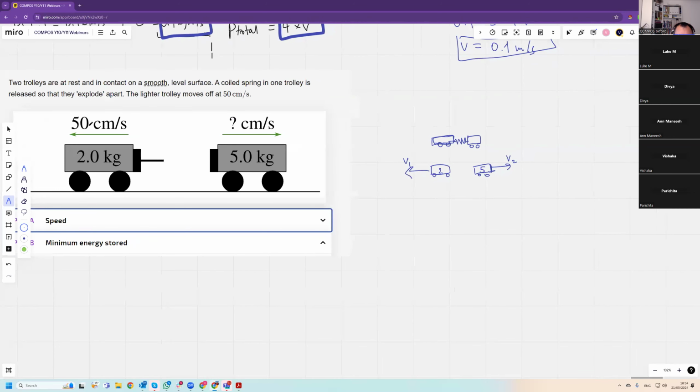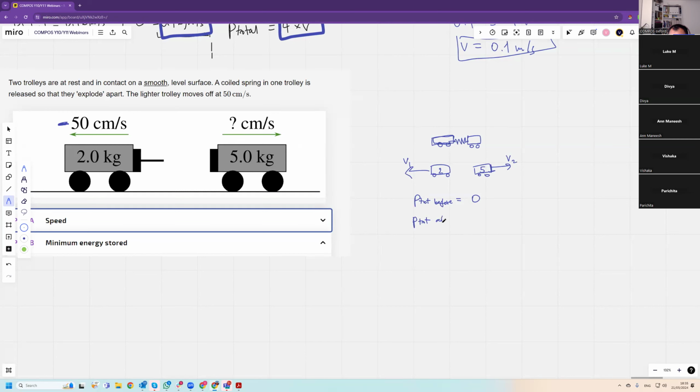So we know that this moves at 50. Now it's moving to the left, so we can use that as negative. So before they were not moving. So the total impulse before is equal to 0.